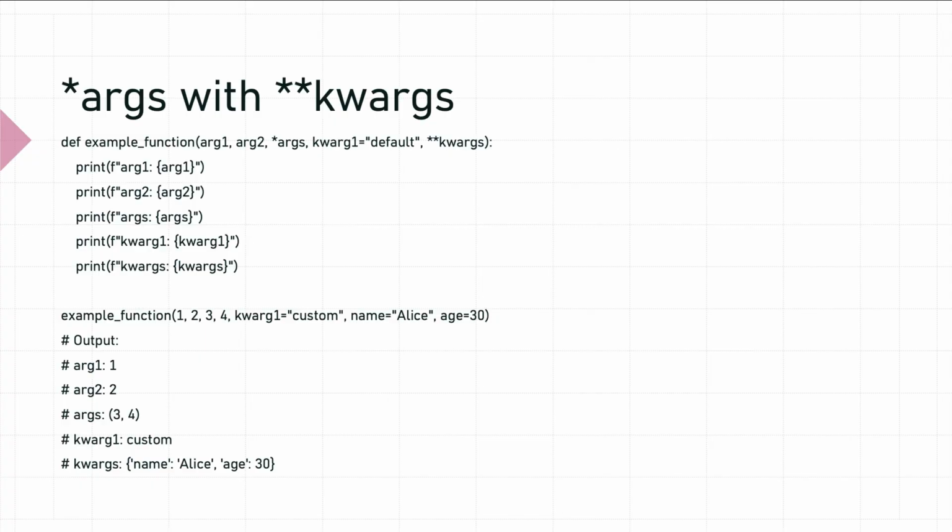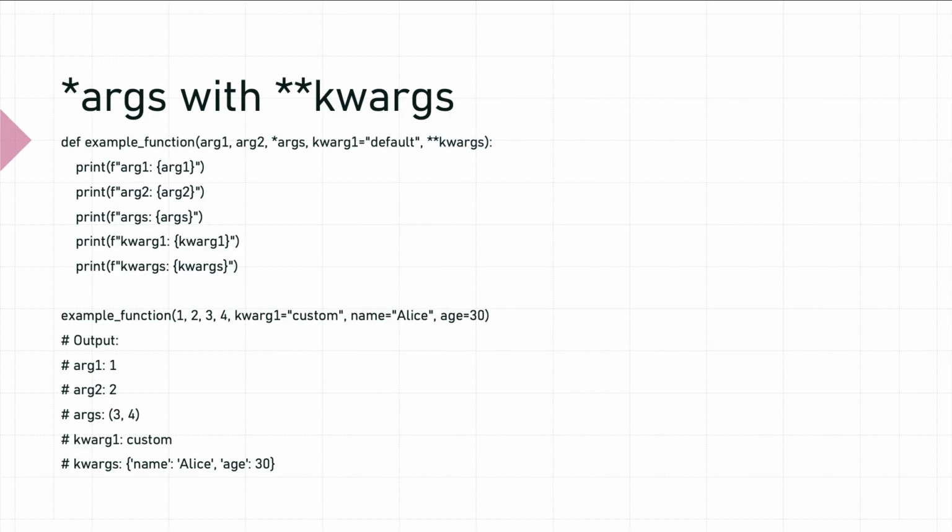Now you can also use *args and **kwargs together in a function definition. But keep in mind that *args must appear before **kwargs. So we can mix and match them, but for this mix and match to work, you must organize the *args before the **kwargs. So in this example, we start off with arg1 and arg2, which are just regular positional arguments.